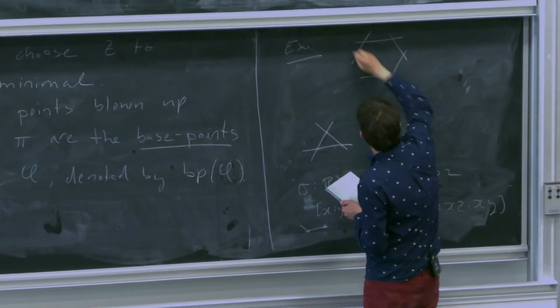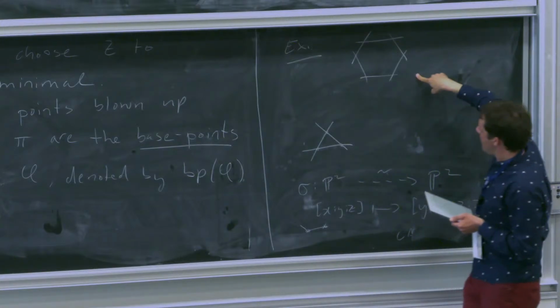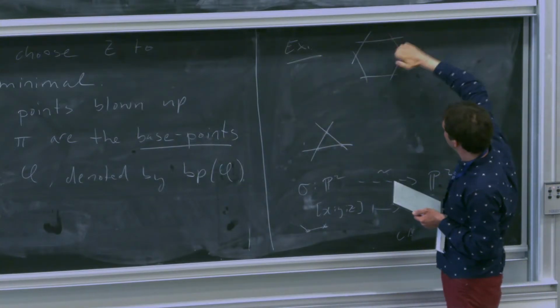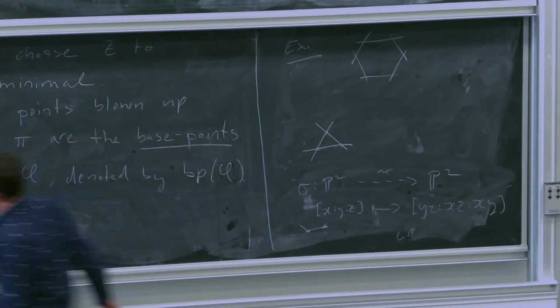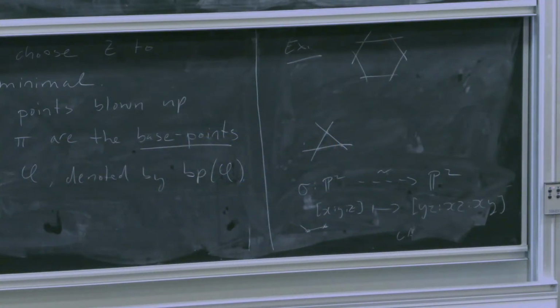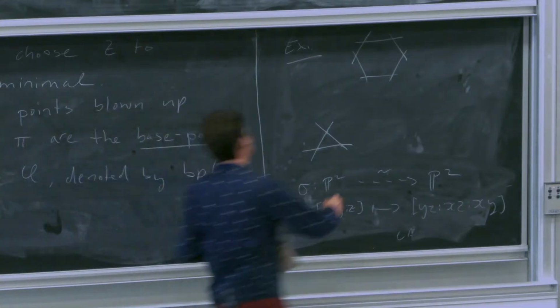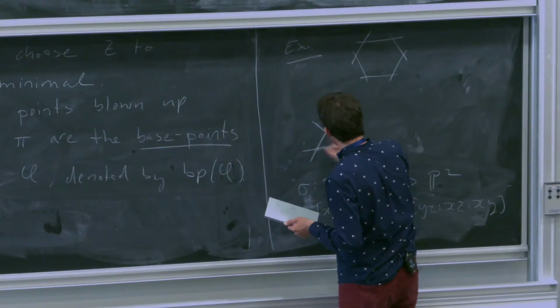We get here this del Pezzo surface of degree 6, and then after we contract, we have these three coordinate lines.